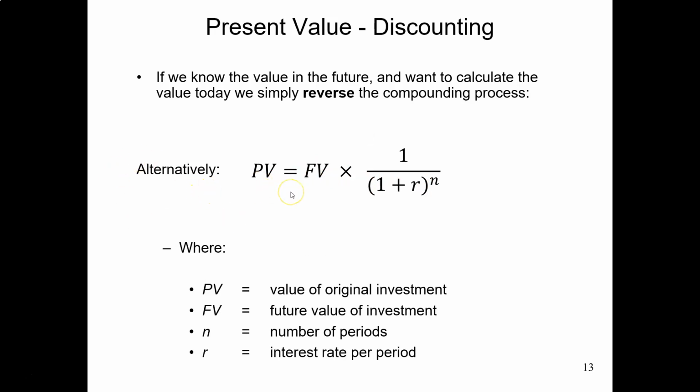Alternatively, you can write this formula as the present value equals future value multiplied by 1 over 1 plus r to the power of n. We call this 1 over 1 plus r to the power of n the discount factor. It is the market price for $1 n years after.